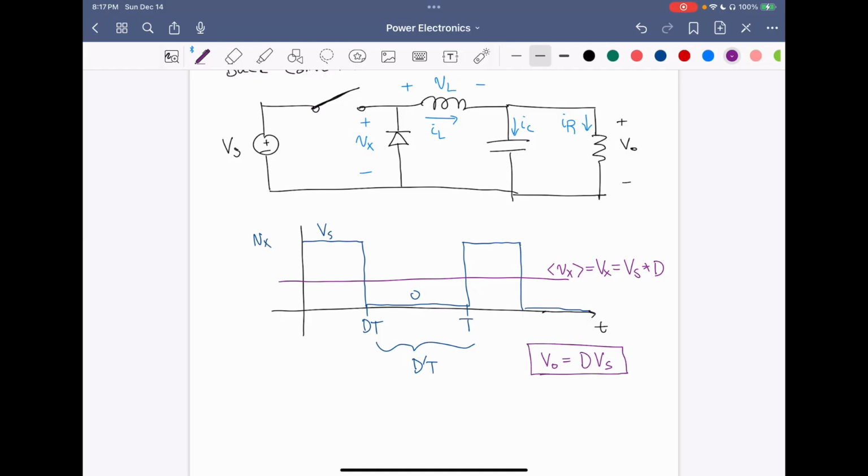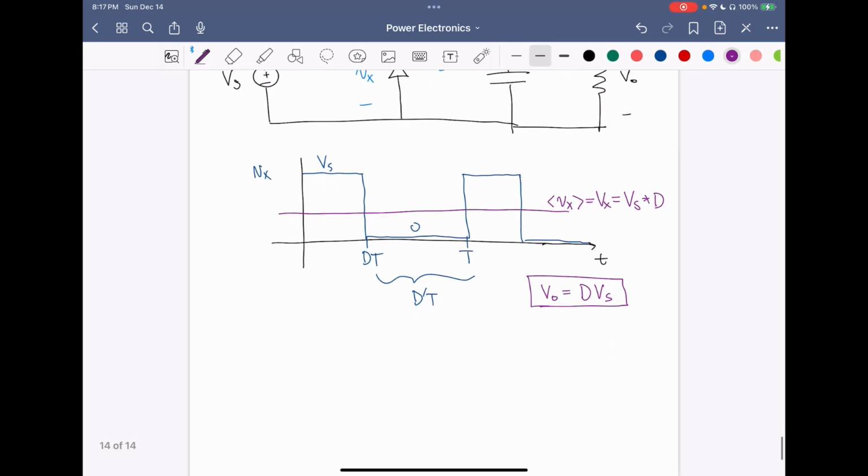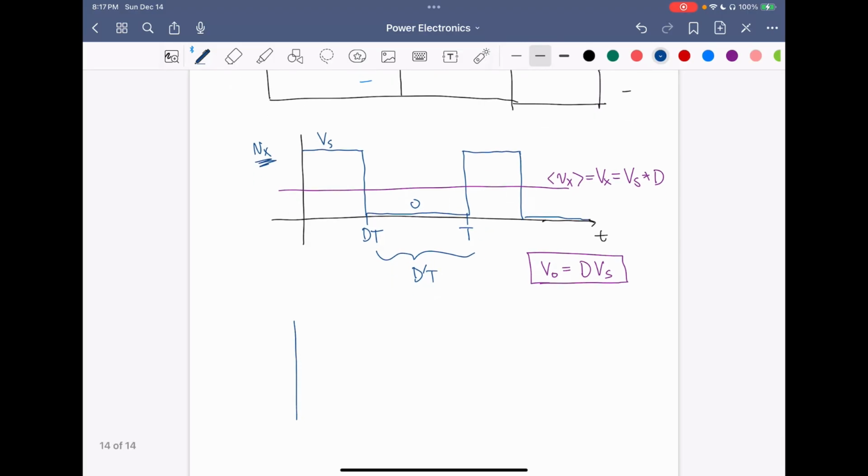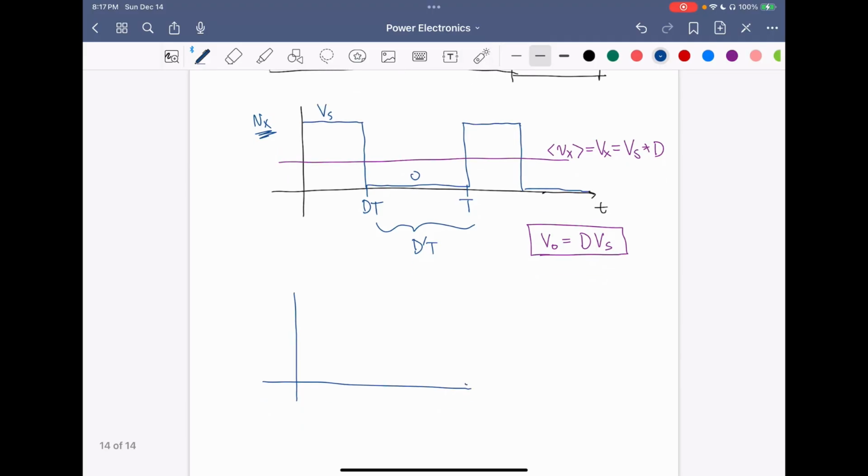Now we can also view this in the frequency domain. So we have this pulsed waveform for Vx. In the frequency domain, we can decompose this pulsed rectangular waveform into its frequency components. Now this is the frequency axis.